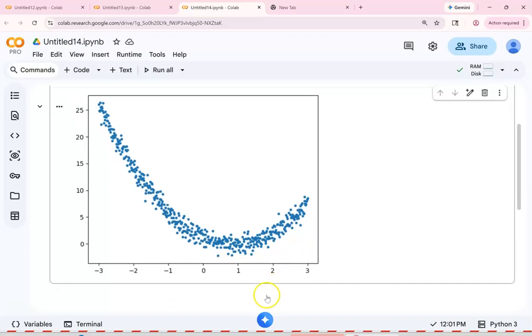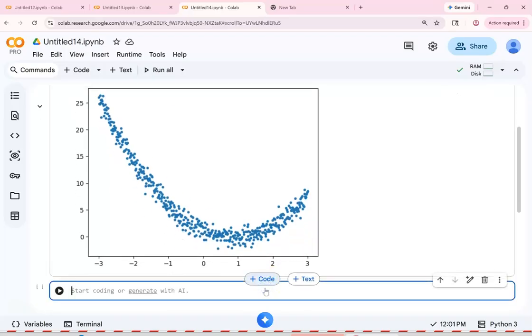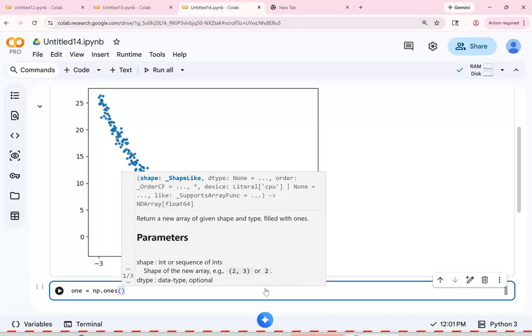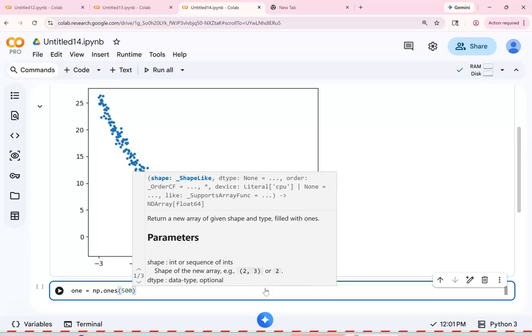All right, so let's remember how we get our model. We want to fit a quadratic model here. So we need a column full of ones, a column full of the x values, and a column full of the x squared values that we have, right? So we can get a column full of ones by doing the np.ones command and tell it how many ones we want. We've got 500 points, so I better have 500 ones.